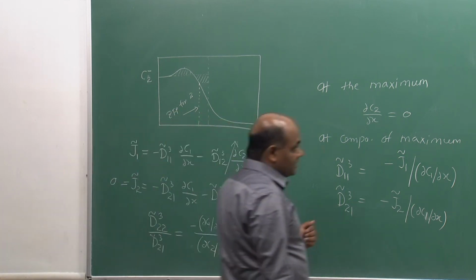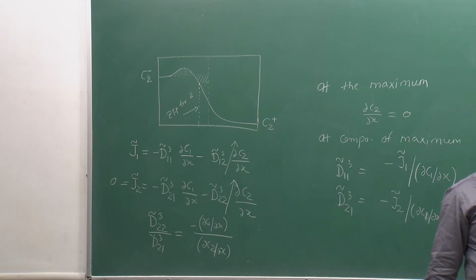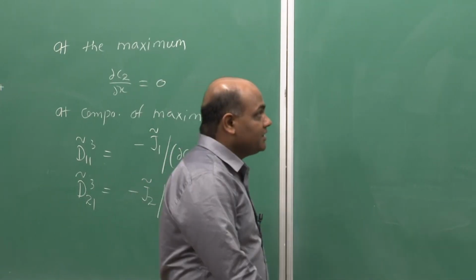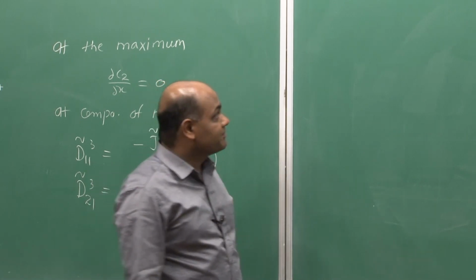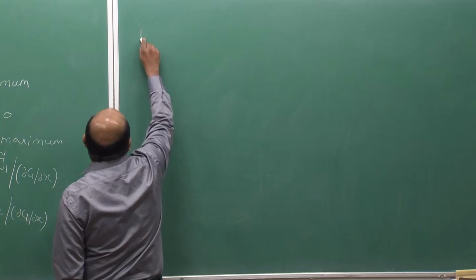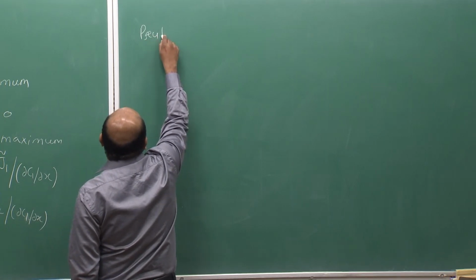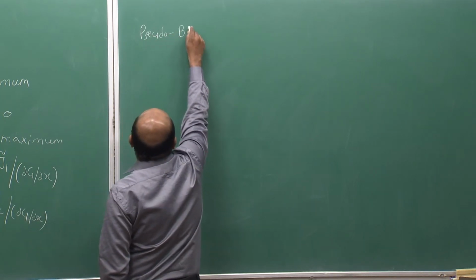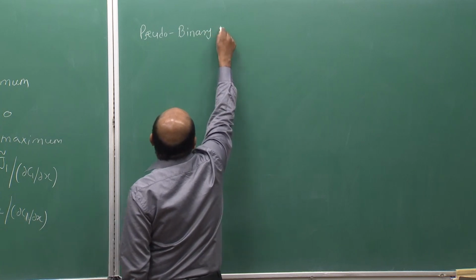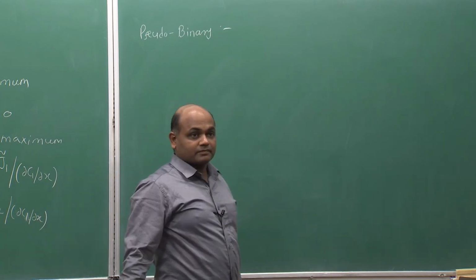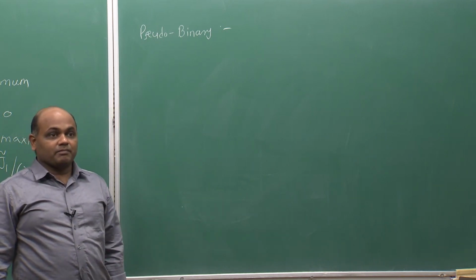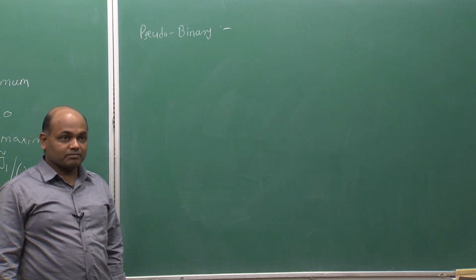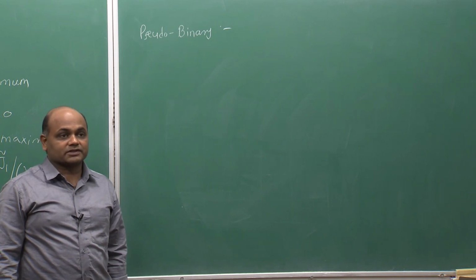Then there is another approach proposed, which is called pseudo binary. This pseudo binary approach is proposed by Alok Paul. And this is applicable to get main coefficient of at least one component in a multi component system.